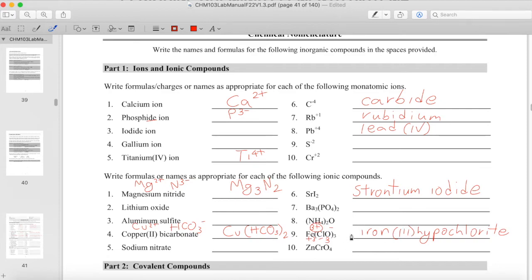In this example, there is a 3 in this formula and the Roman numeral happens to be 3. But this 3 does not come from the 3 over here. This 3 comes from the +3 charge on our iron ion, which is not shown in that formula. You have to do the math and figure that out.